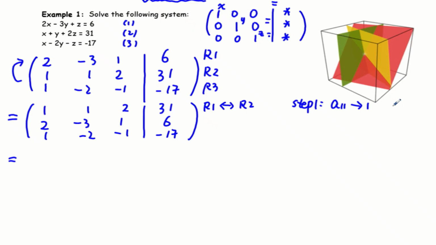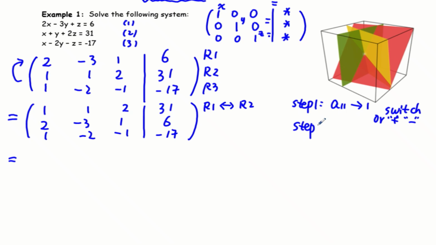How to get it? We could switch, or add, subtract. We could also subtract R1 minus R2, and we will have this one as 1. So the first step, we want the first column, first row, the number to be 1.